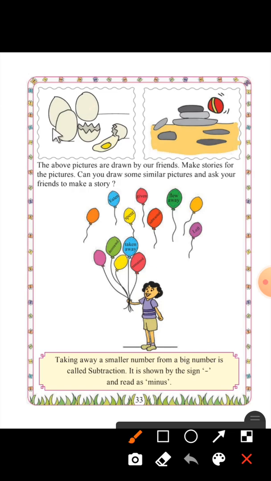Next picture. Here in this picture, count the eggs. 1, 2, 3 and this one is the 4th one. From these 4 eggs, one egg broke. So how many eggs remain? 1, 2, 3.